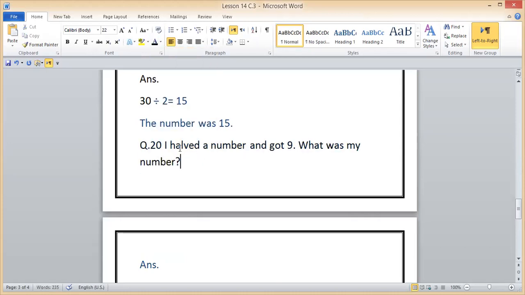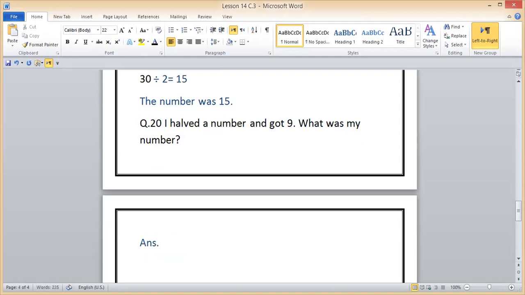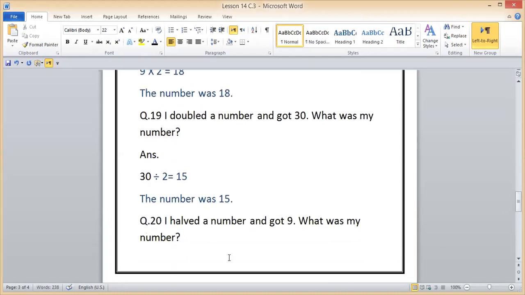I halved the number and got 9. You halved the number, so guys, find out the double of the answer. Sorry, question 20 is: I halved the number and got 1.